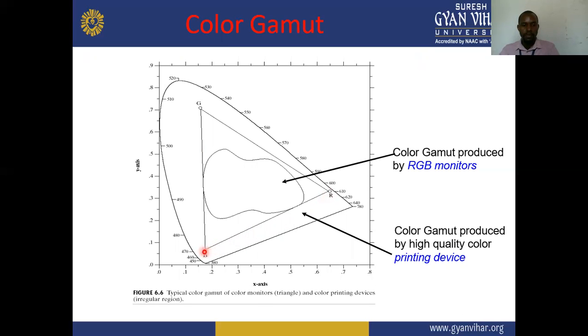Similarly, for blue, we'll go to the 450 wavelength position. So in this case, we can know where we can apply this. For example, whenever we want to use the color gamut for RGB monitors, they are produced in this location. And when we want to use the color gamut for high quality printing devices, then they are outside the triangle of the RGB color gamut.